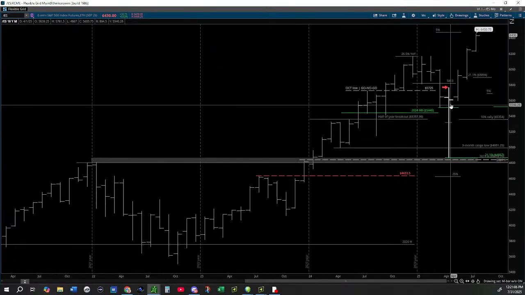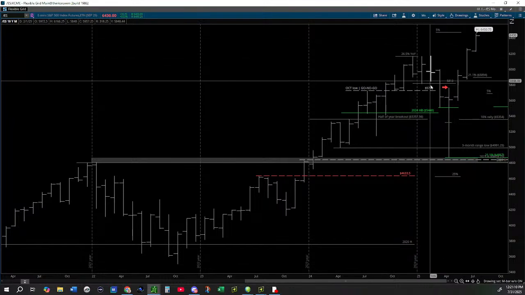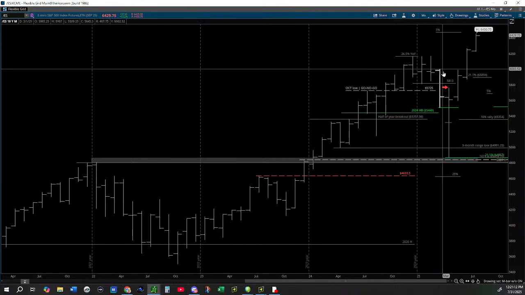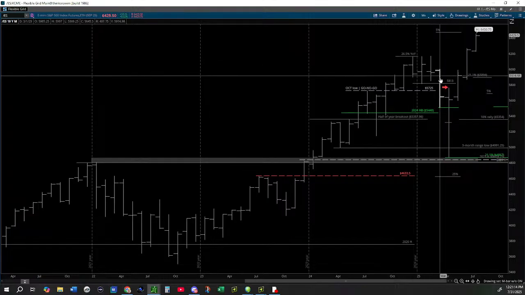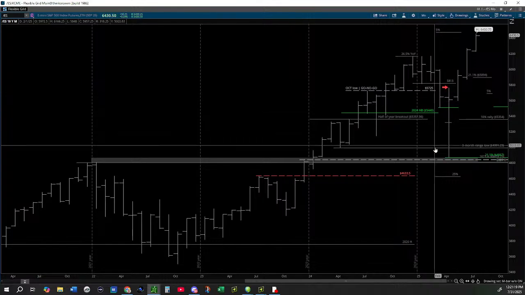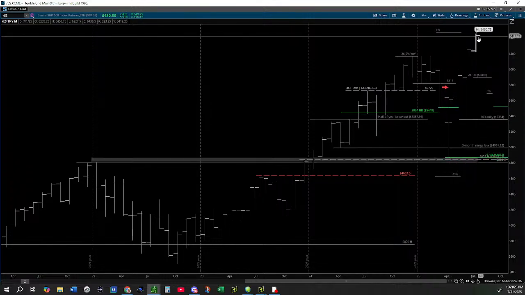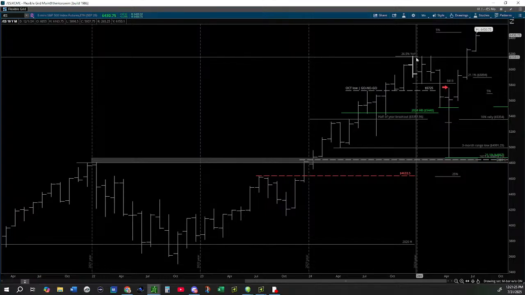You can see that really impressive rally. Another V-shaped market. Lack of excess here. All the gains that we had last year have been taken back, and now the market is standing above last year's high.